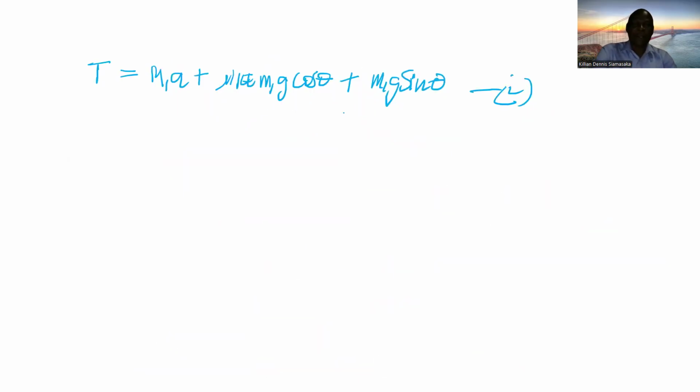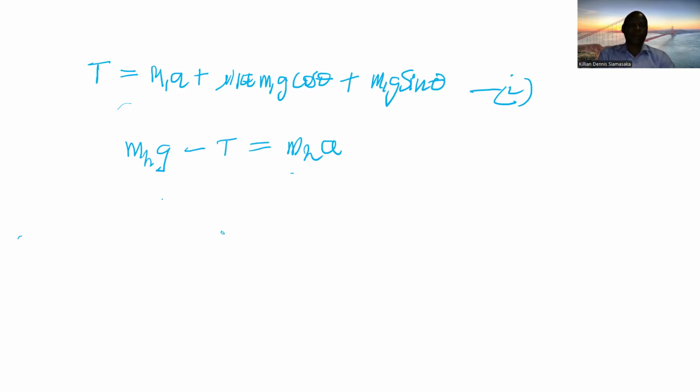And therefore, to get the resultant, we are going to say m2 g minus the tension, because it's going down, is equal to mass 2 multiplied by acceleration.